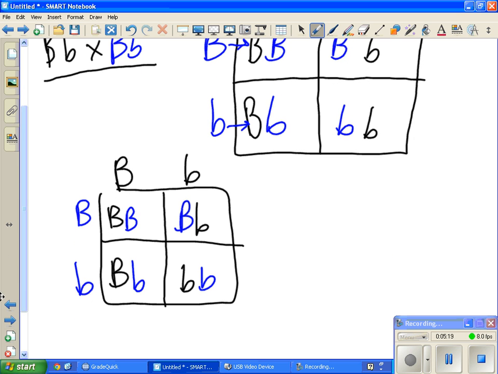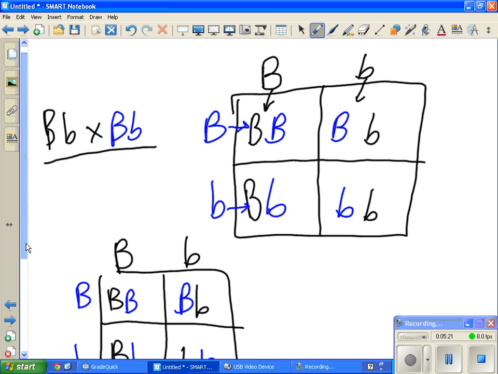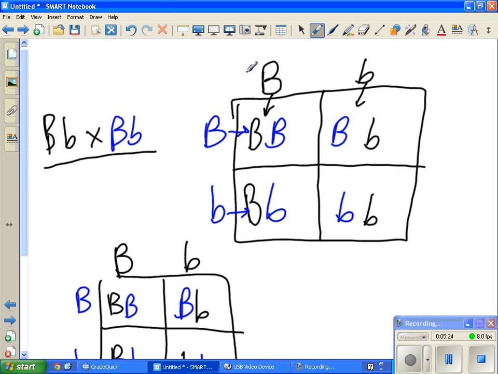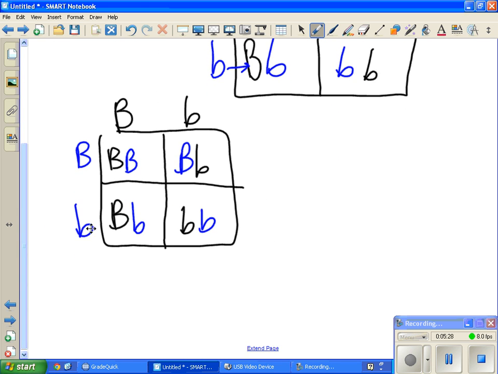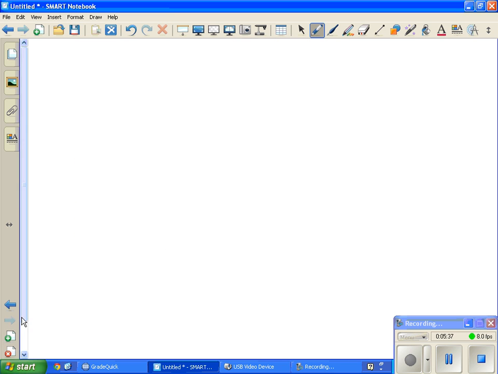Let's do another example. I'm going to stick with this first example for filling them in for the first couple of ones, and then I won't narrate my filling in, and I'll pause a little bit to let you figure out what you think the boxes should have in them. All right, so let's practice crossing a homozygous dominant parent with a homozygous recessive parent.